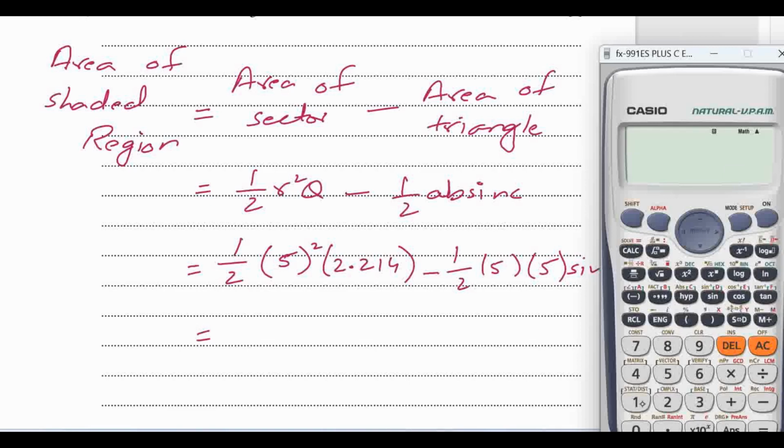So this will be equals to, let's find out the first part, that is 5 square multiplied by 2.214 divided by 2.